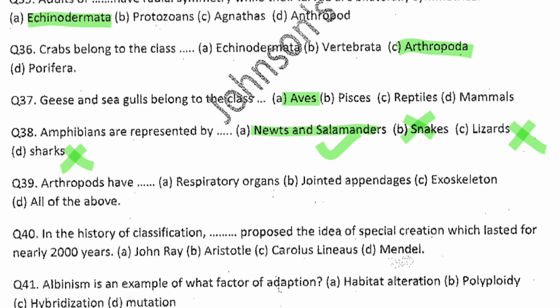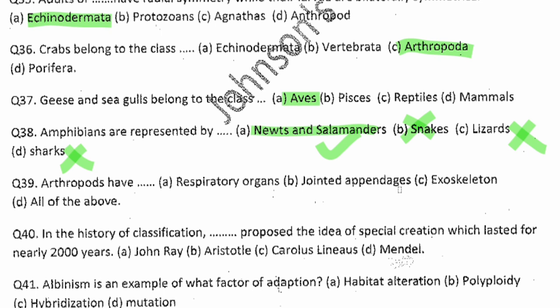Now, arthropods, next question 39. Arthropods have dash. The options are respiratory organs, jointed appendages, exoskeleton, all of the above. Before I even tell you the answer, arthropods have respiratory organs. Ask yourself, if they don't have respiratory organs, how do they respire? Do they have jointed appendages?